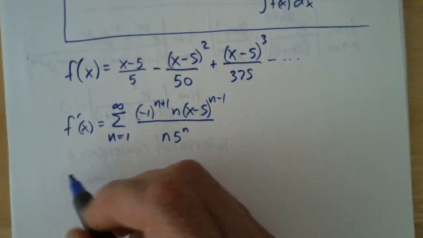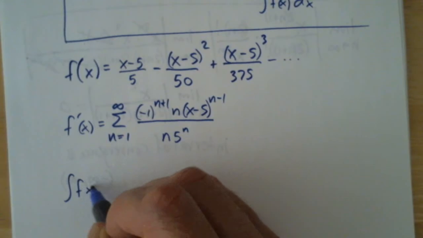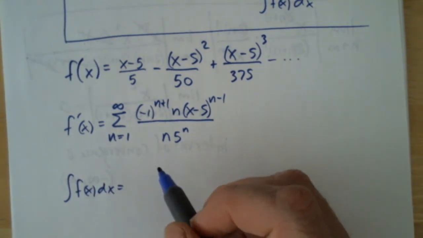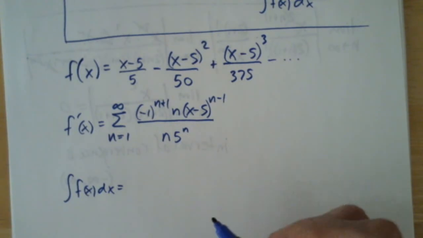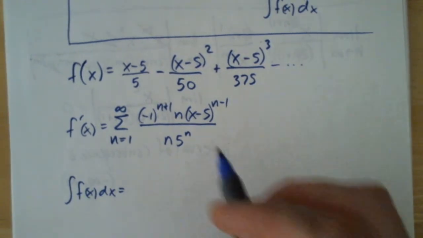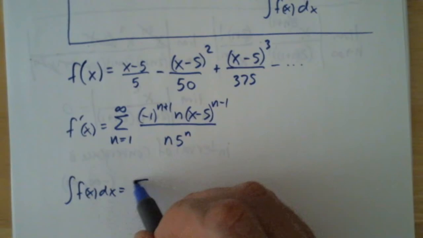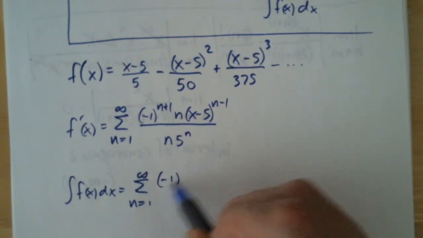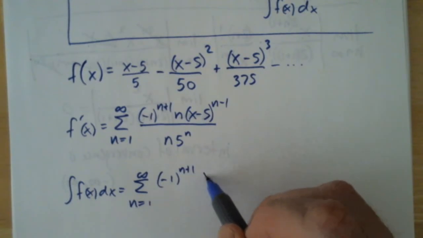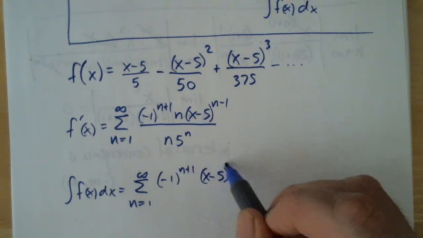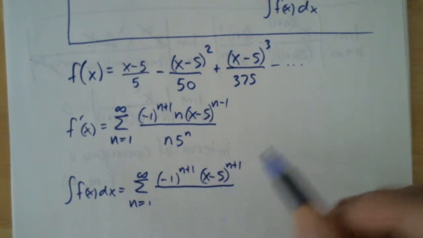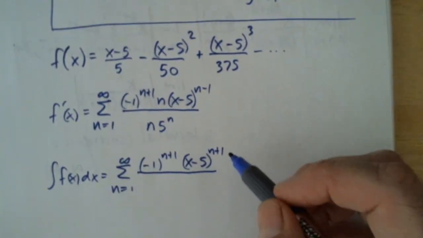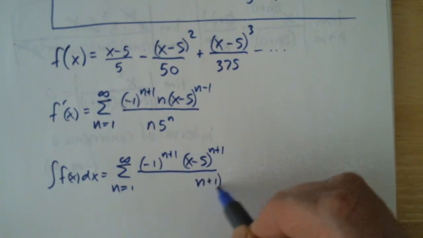And then the antiderivative is just going to be the power rule, so we will add 1 to the exponent, and divide by that.